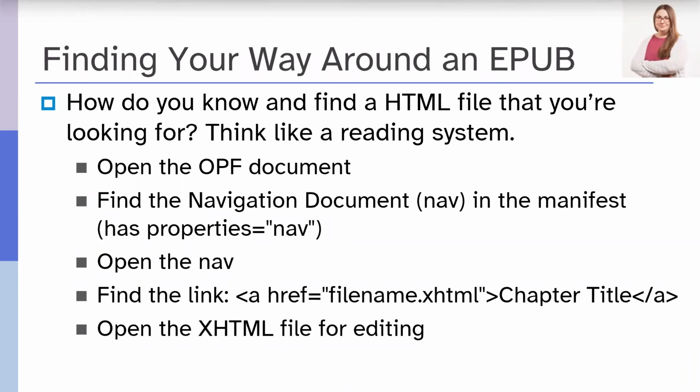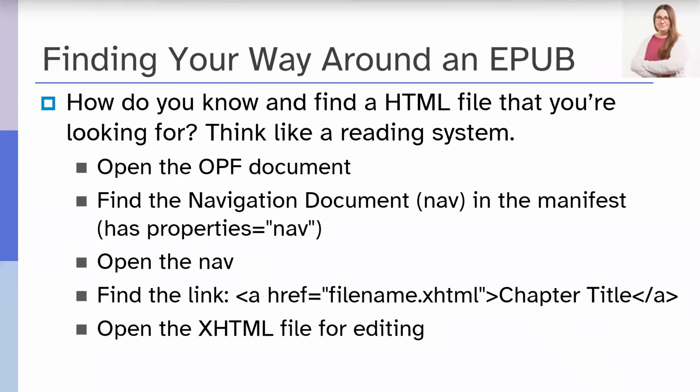And those chapter titles will usually be the chapter name .xhtml, might be a slightly different naming convention depending on who created the file, but it should say something like chapter 2, disability in the teaching of writing .xhtml. And then that will be your link to the XHTML file so that you can start editing.